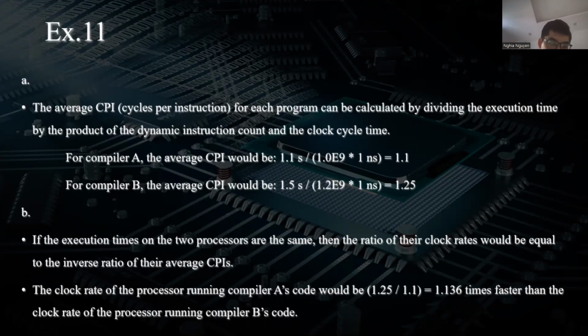The clock rate of the processor running computer B would be 1.25 divided by 1.1, which is the same as 1.136 times faster than the clock rate of the processor running computer A.